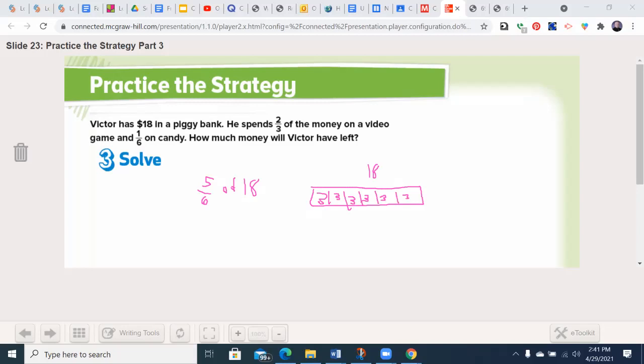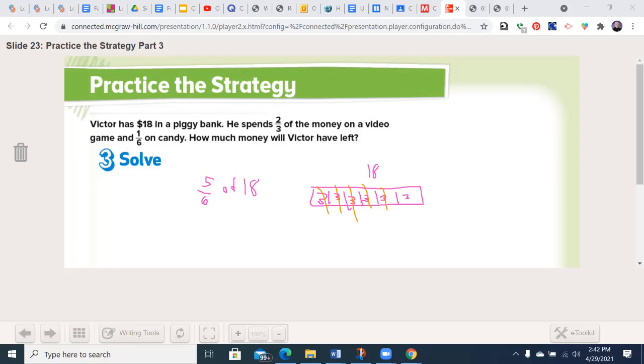So I'll put 3 in each box. And I know that they spent this one, this one, this one, this one, and even that one. And there's one group of 3 left. Now, I already have solved the problem. So I'm going to go ahead and make sure that's written in. This is where you're in your solve, and then we can check our answer.